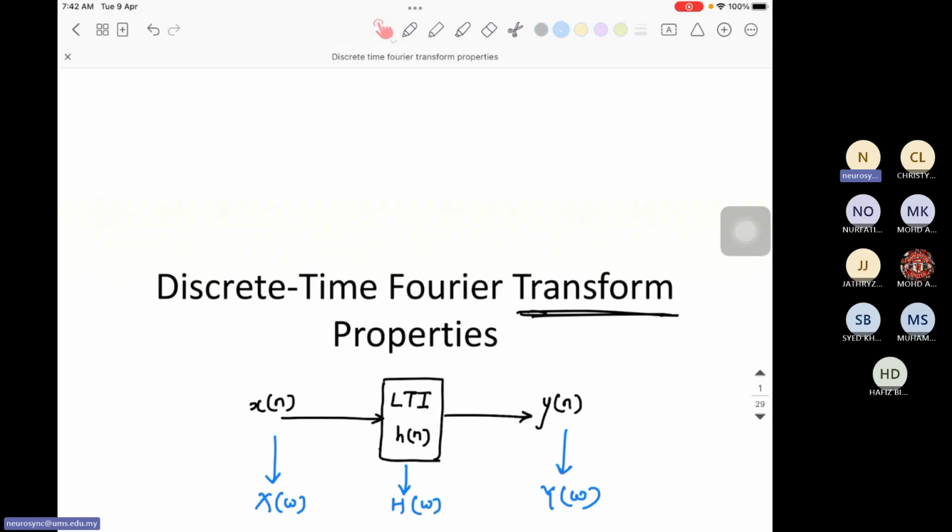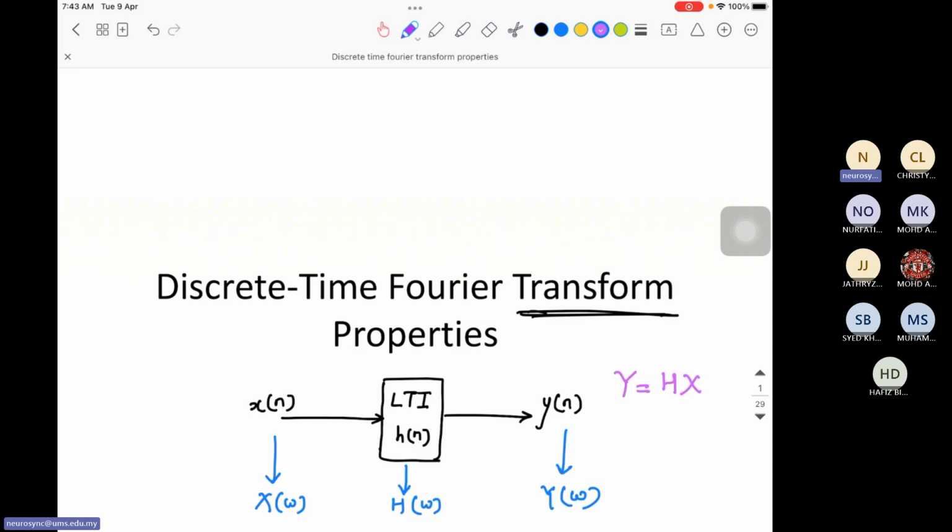Here, y is the output, which is nothing but the system transfer function into the input. Y of n is nothing but h of n into x of n.